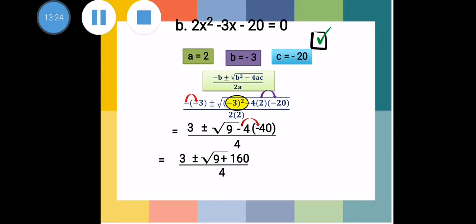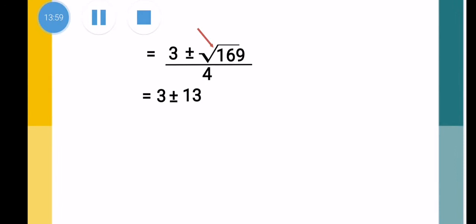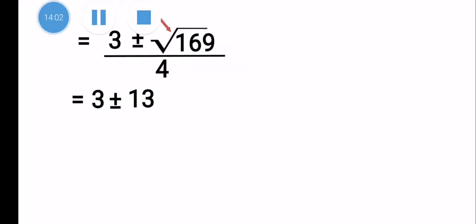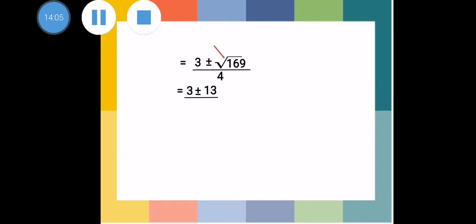So, simplify na po natin ang sa loob ng radical. So, 3 plus minus 9 plus 160, yan po ay square root of 169 over 4. So, ngayon, extract na po natin yung square root. So, 3 plus minus square root of 169 ay 13 over 4.